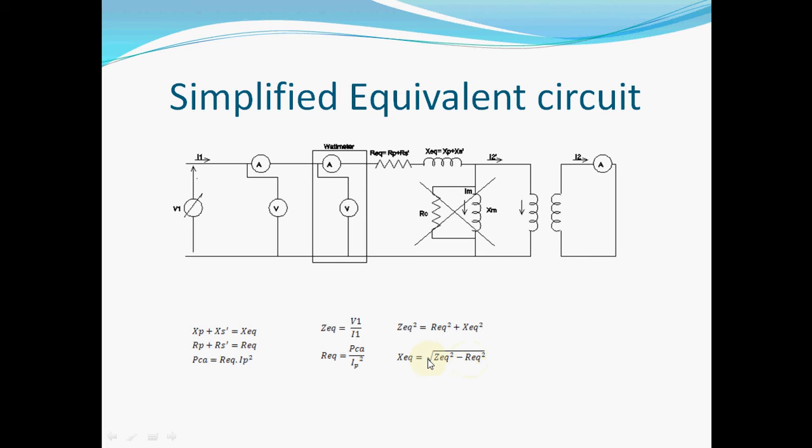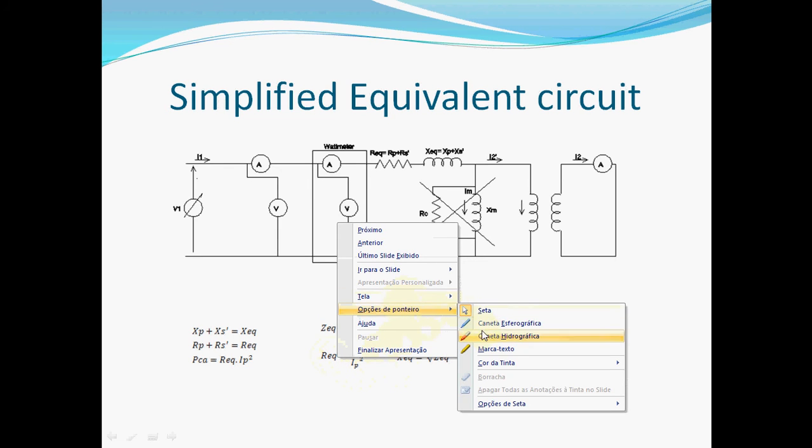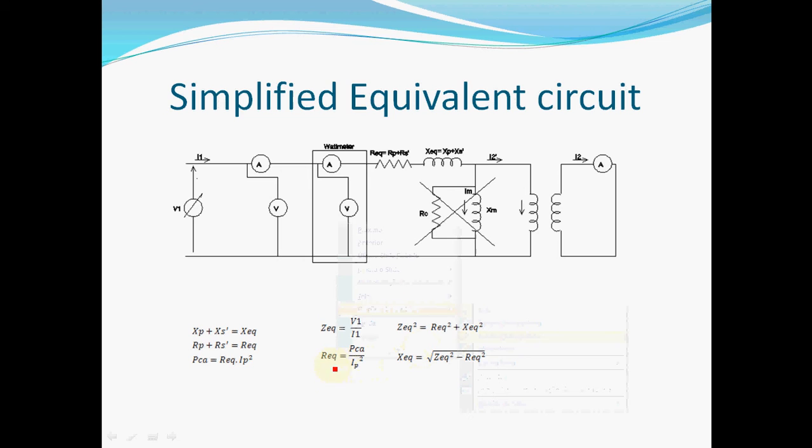And how can we obtain the equivalent resistor? It's simple. Equivalent resistor is the value measured by the wattmeter divided by square IP. So we can put this value here.